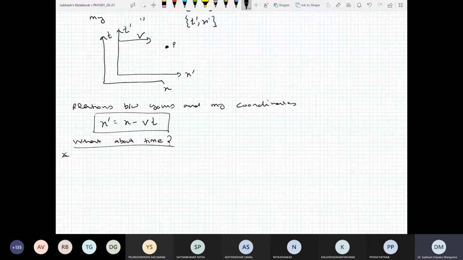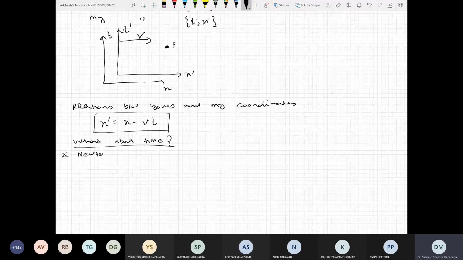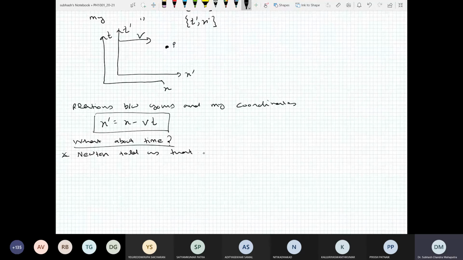It is the same because Galileo and Newton told us, Newton's assumption, that your time and my time are the same. All clocks are the same. So your clock and my clock are all the same. So that means t prime is t.